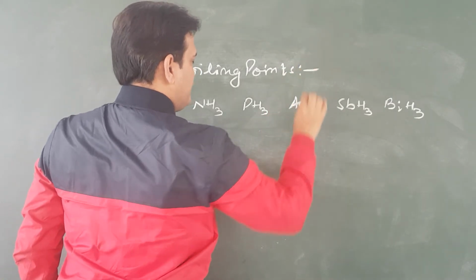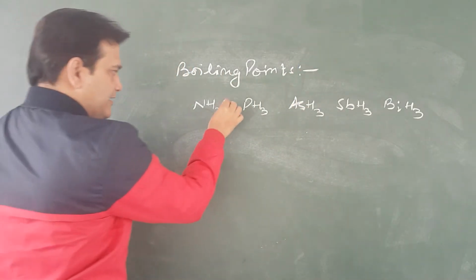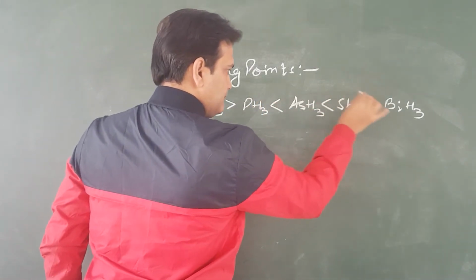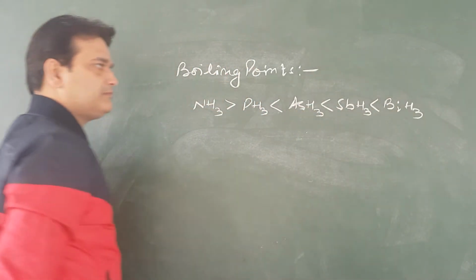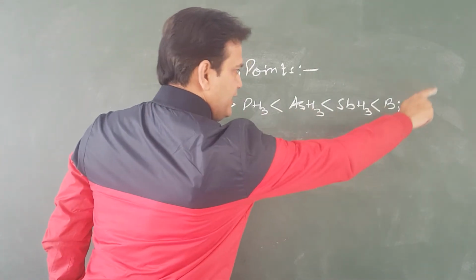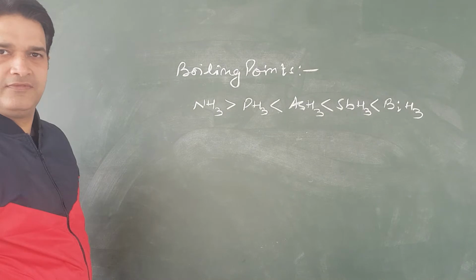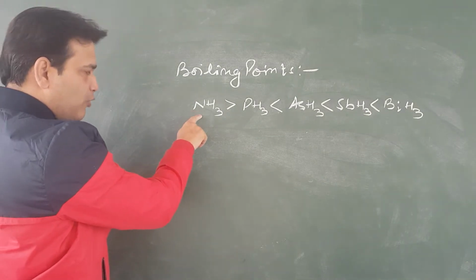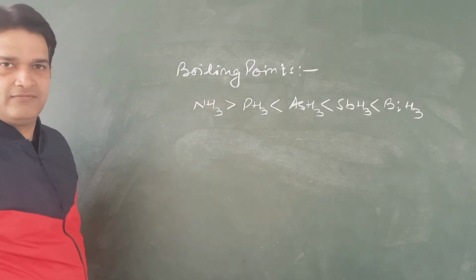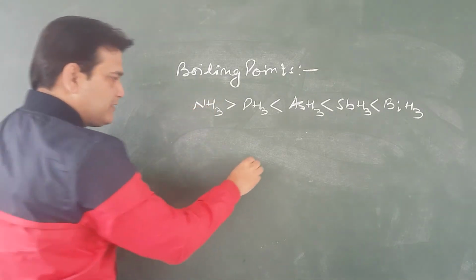The trend of boiling points is like this. Generally, boiling point increases down the group, but ammonia has an unexpectedly higher boiling point. And what is the cause?